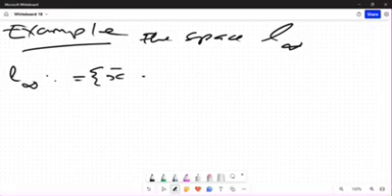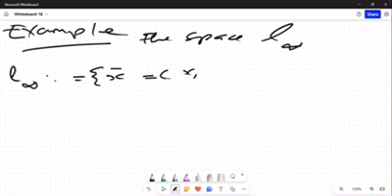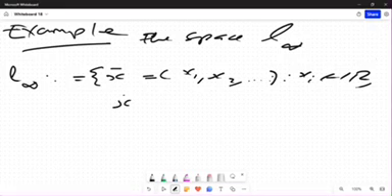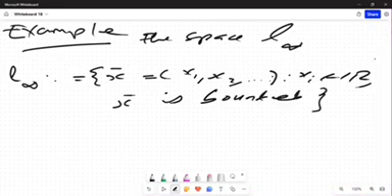They are sequence spaces, of course, and each of your sequences is infinite dimensional: X1, X2, X3, you never stop. Of course, each of your Xi is R-valued, and is such that this X bar is bounded. That's that space.